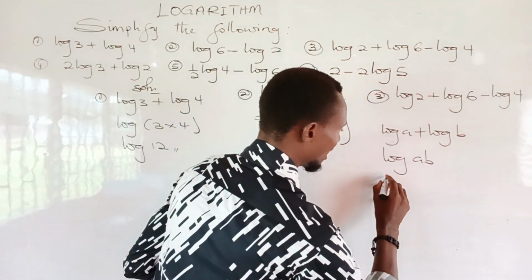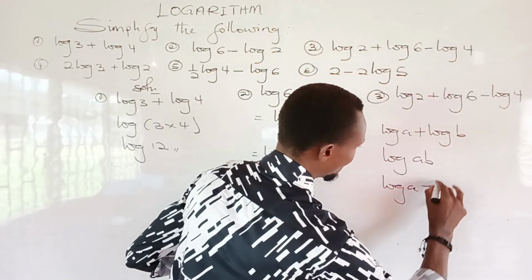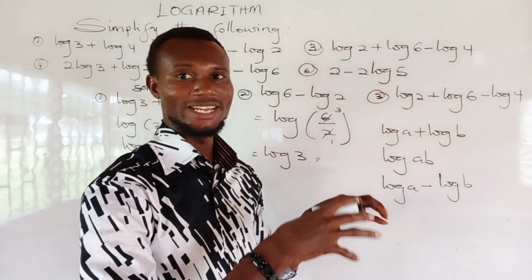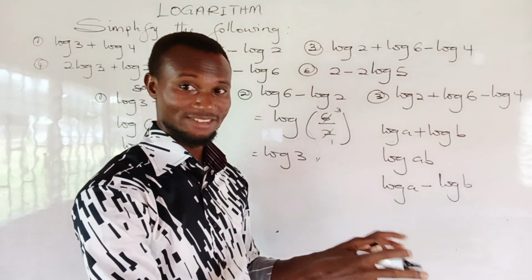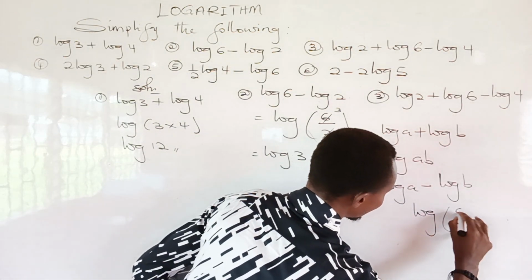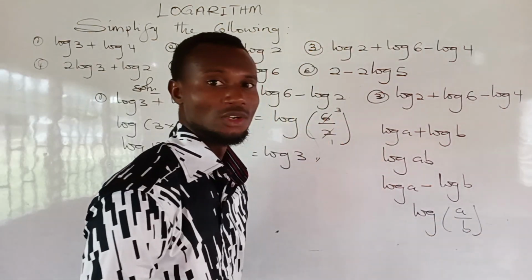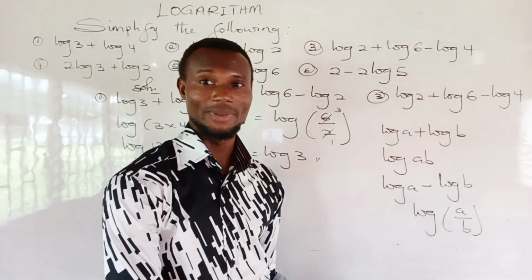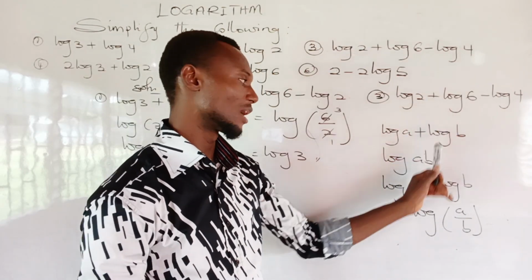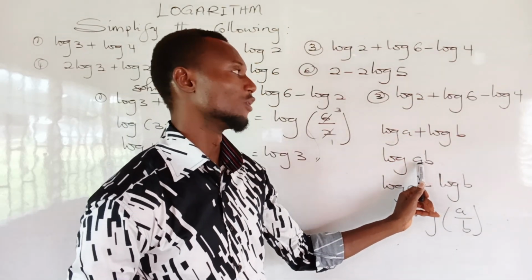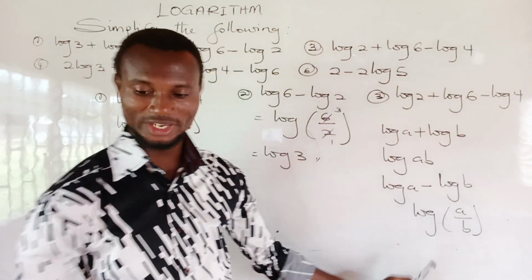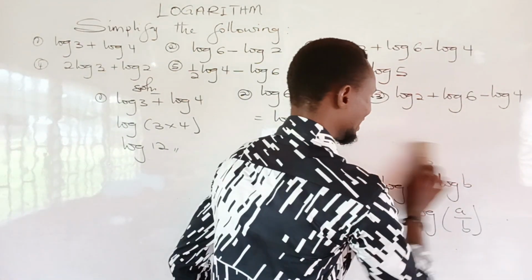Okay, when I have log A minus log B, it can be written in the quotient form, in division form, which is going to be written as log A over B. So this is what you are going to apply to solve this question. So seeing addition here, we are going to apply this law, and also seeing subtraction here, we are going to apply this law. Okay, so let's proceed and solve it together.